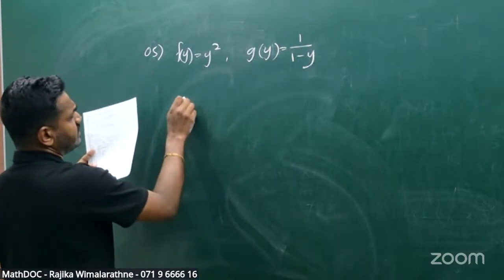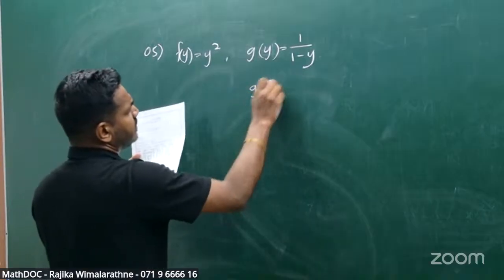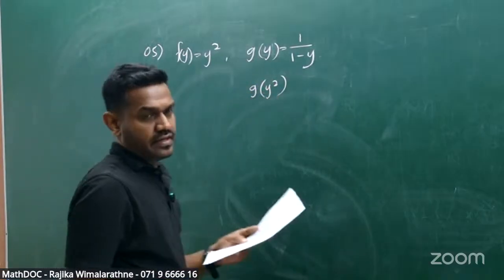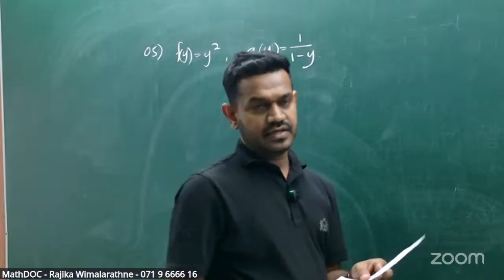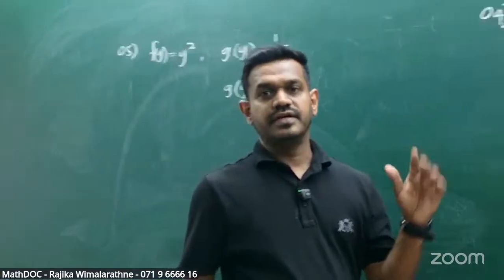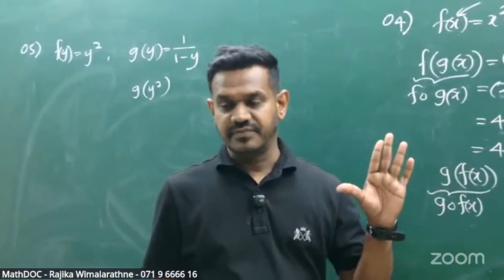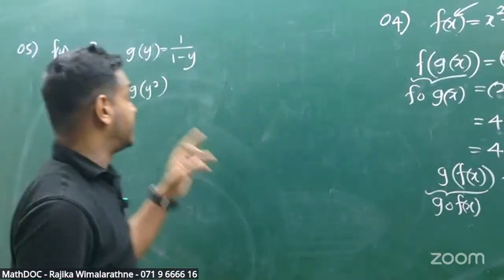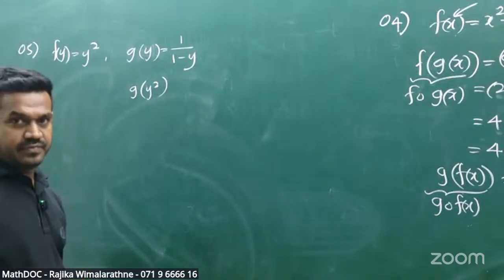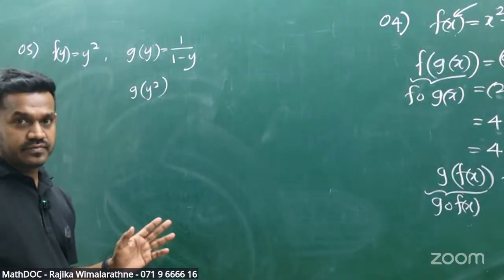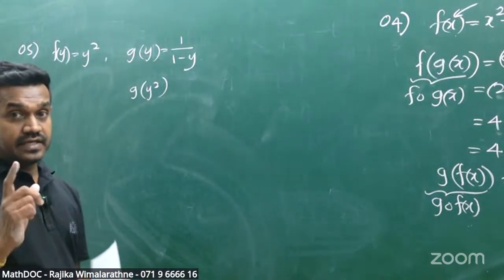So we have to find g(y squared). Don't worry about the variables, okay? Usually we discuss things with independent variable x, but here the independent variable is y. Don't worry about that, but you identify the idea of the notation.